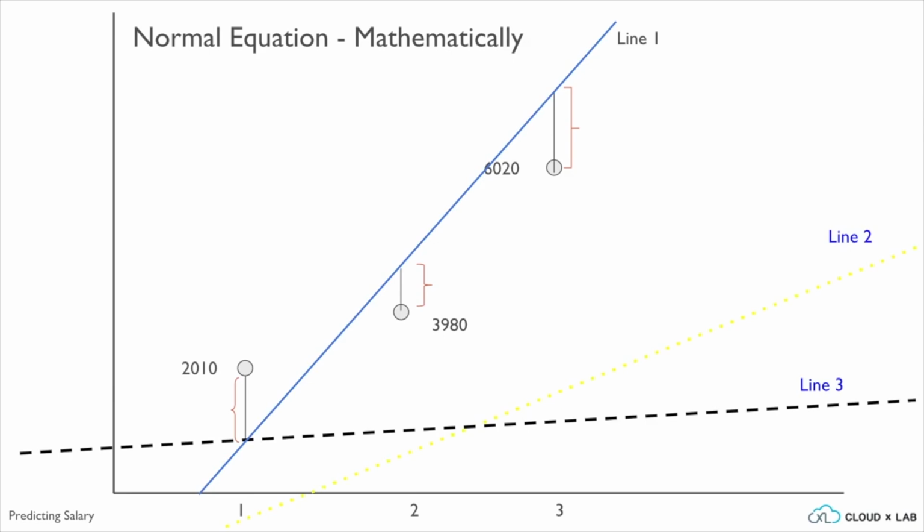Let us visualize the error. In this diagram, line 1 has the minimum error, and hence it is the best line as compared to line 2 and line 3. So our machine learning algorithm needs to come up with such a line which has the minimum error. Here, each line is basically a model.